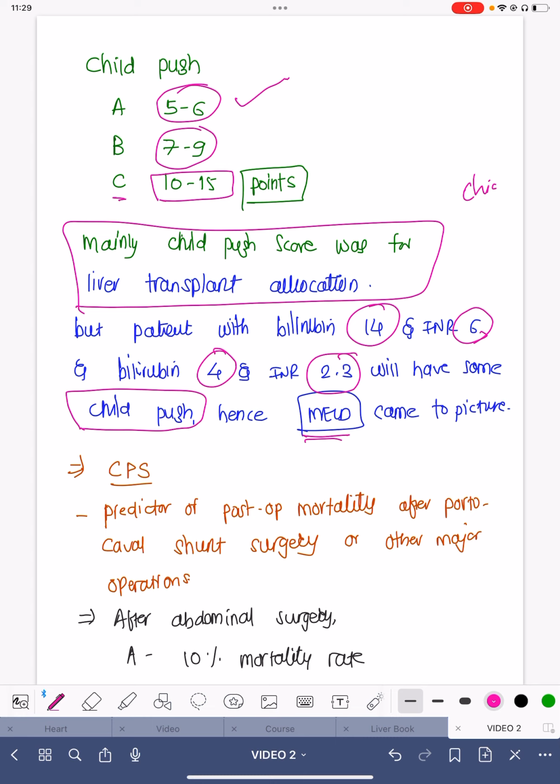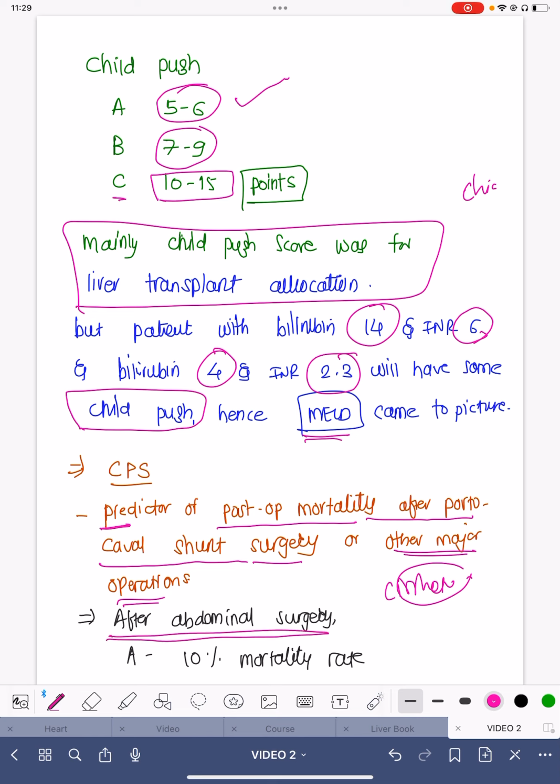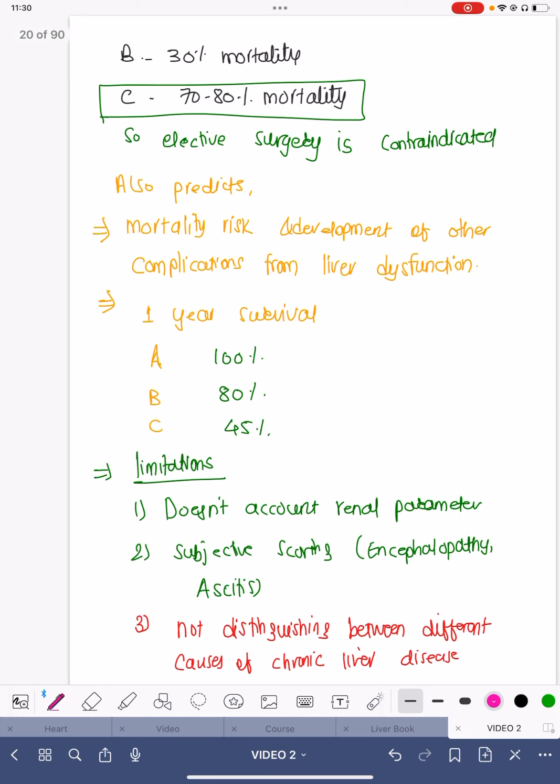But still, this Child-Pugh score is very commonly used as a predictor of post-operative mortality after portocaval shunt surgery or any other major operation in any cirrhotic patient. So, in short, after an abdominal surgery or after a surgery in a cirrhotic patient, if the patient had a Child-Pugh score of A, the chances of mortality will be around 10%.